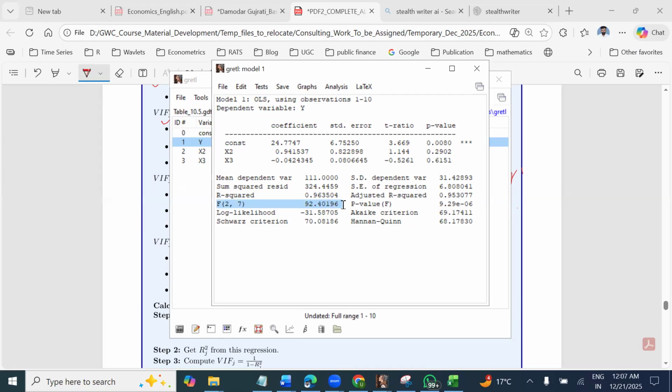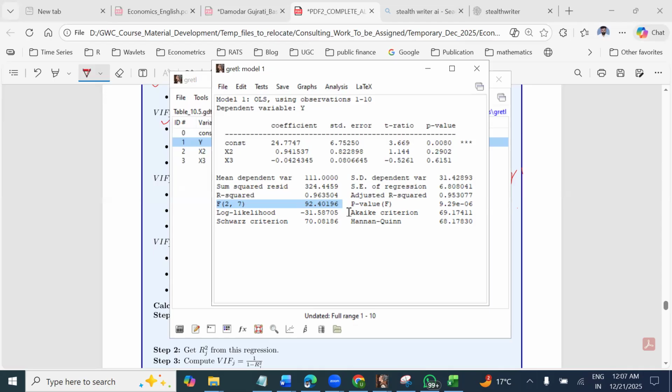F test. I told you how. First of all, what is the meaning of the question? The regression is statistically significant means whether X2 and X3, the independent variables, are able to explain the variation in the dependent variable, that is the consumption. Is it clear?